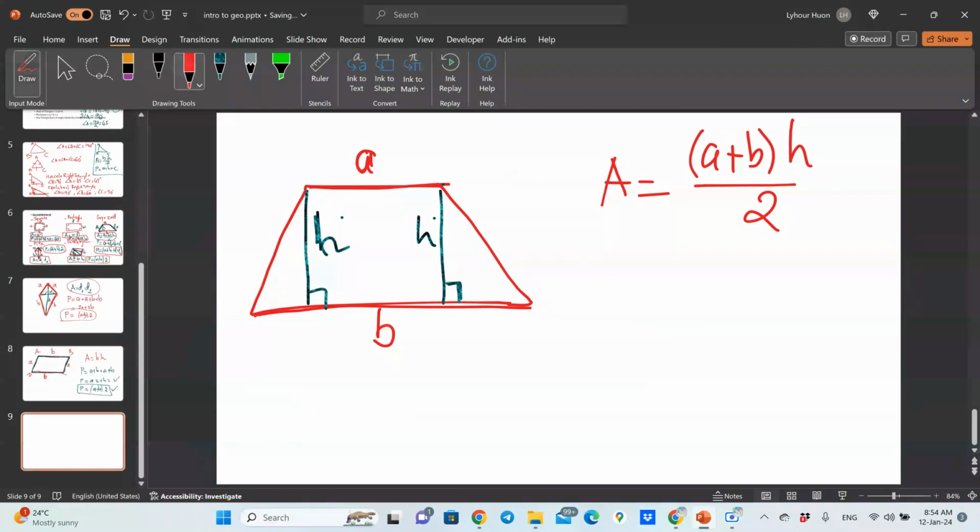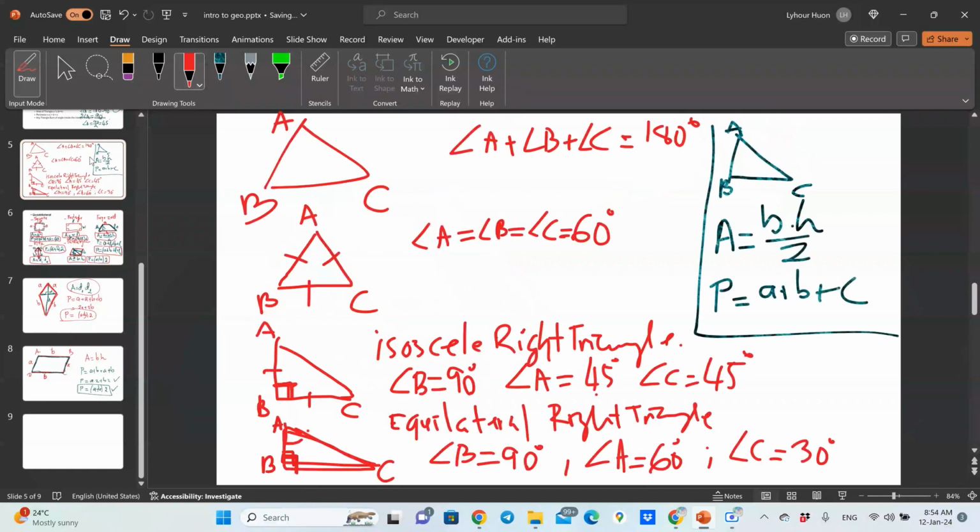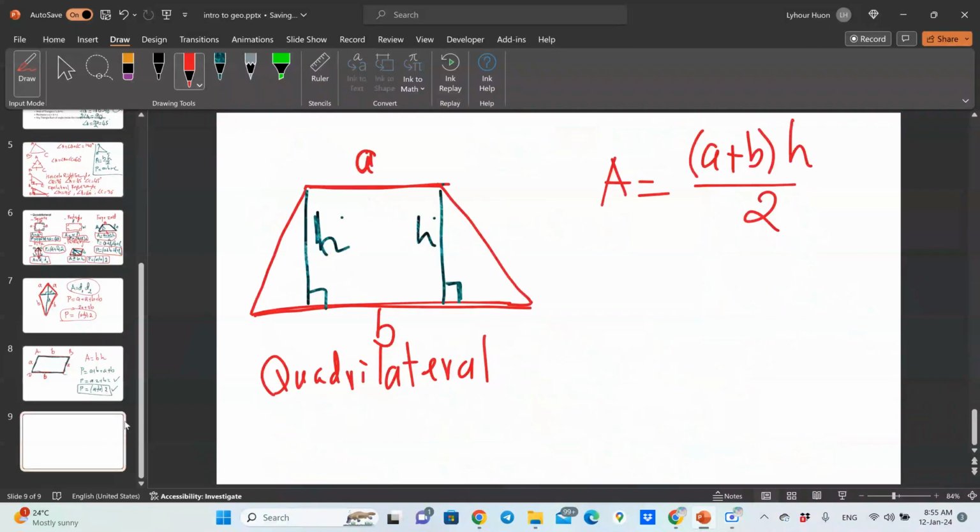Okay, so next, quadrilateral. We know that inside a triangle, if we add all the angles, it will be 180. How about a quadrilateral?